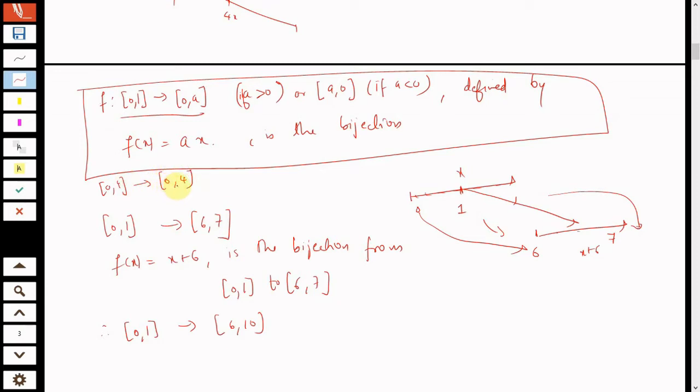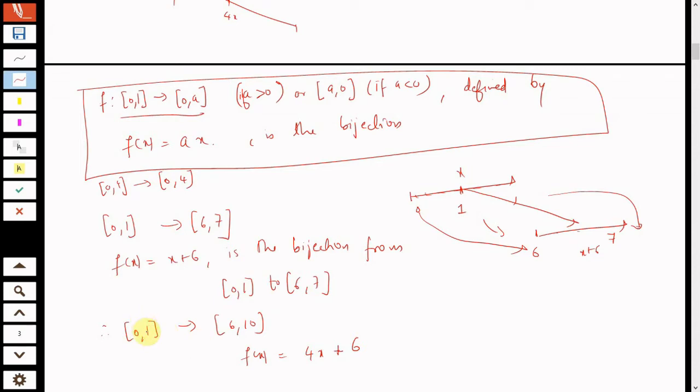The length of this interval is 4, so you have to stretch f of x by 4, but that's not enough because you need to send 0 to 6 and 1 to 10, so you are translating by 6, sorry, not 4. So this will send 0 to 6 and 1 to 10.